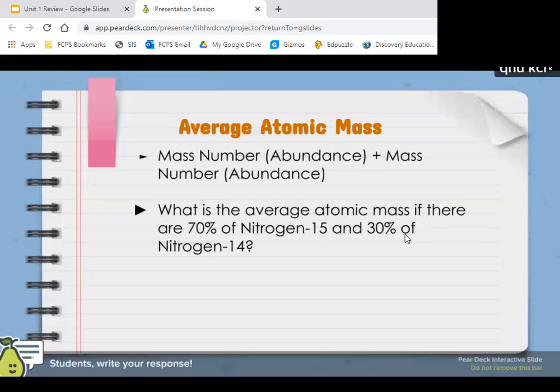Mass number, first mass number, 15. So you multiply 15 times 0.7, and then add 14 times 0.3.